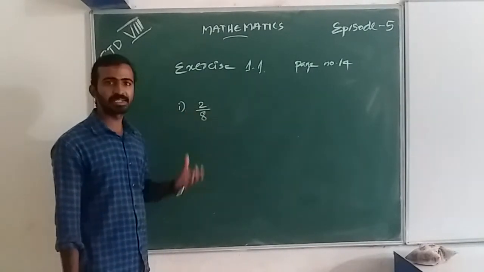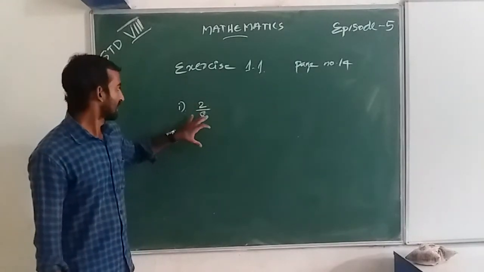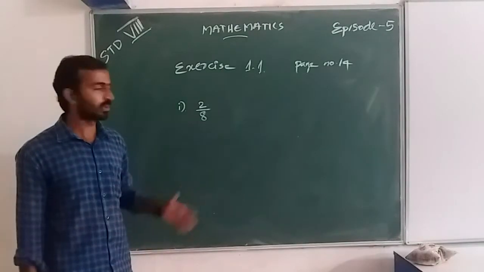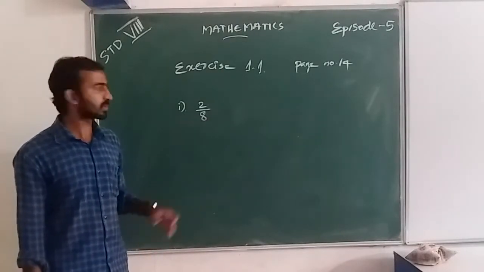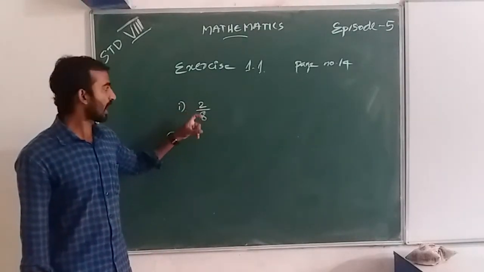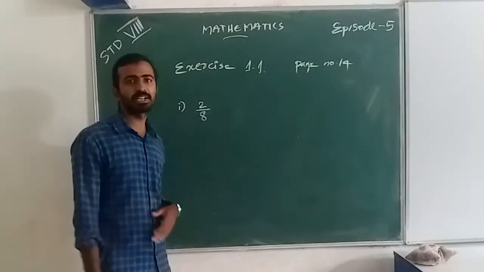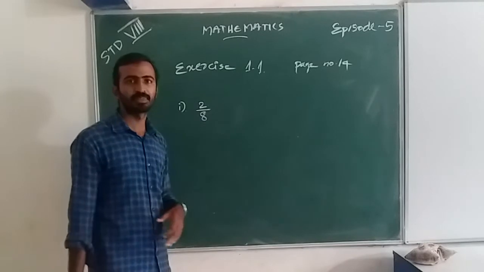Here 2 by 8 is a rational number in the form p by q, q not equal to 0. Here 8 is not equal to 0, 2 is called the numerator and 8 is called the denominator. Then what is the additive inverse of this one?